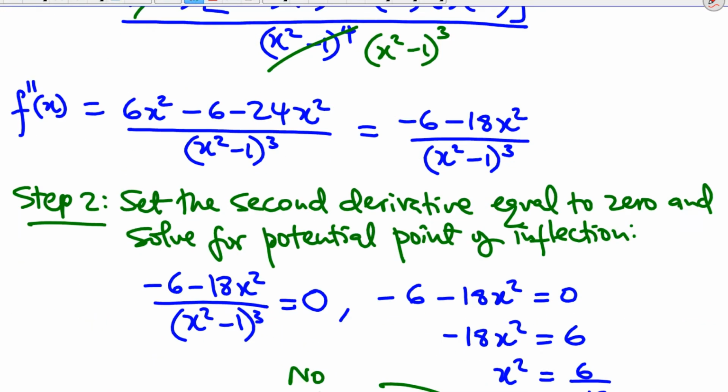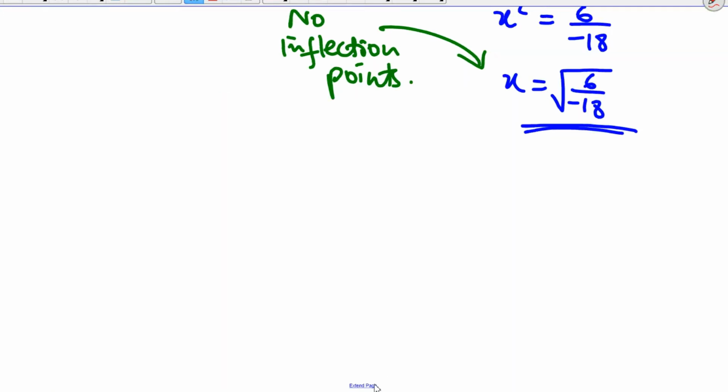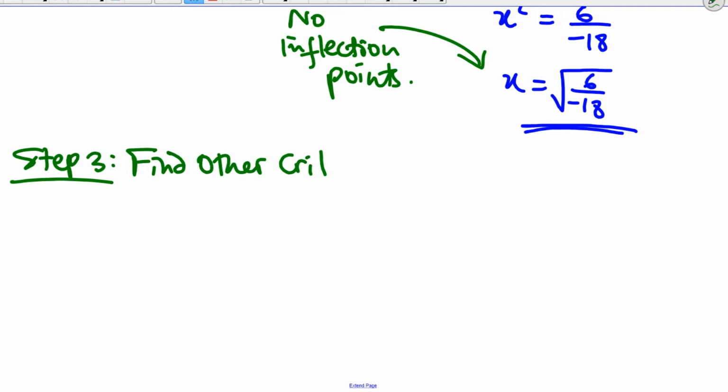Which leads us to step 3. Step 3 will be finding other critical points. And when I say other critical points, I mean the vertical asymptotes. So step 3, find other critical points.